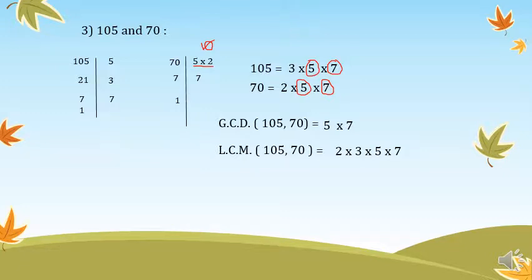Now, for the LCM, I cross 5 because I took it, and I cross 7 because I took it. So the LCM is the remaining numbers, which are 2 times 3 times 5 times 7. And now I'm done.